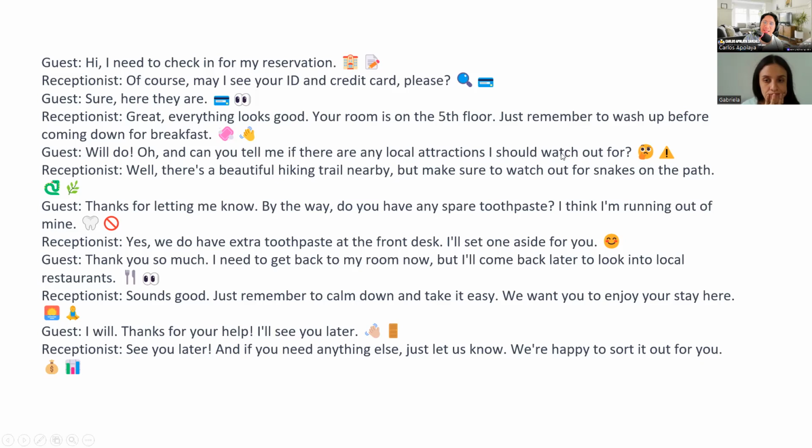Watch out for is to be careful about. Make sure to watch out for snakes on the path. On the path, la ruta, camino, that is the path. And I'll come back later to look into, to investigate, local restaurants. That's all. Let's continue.